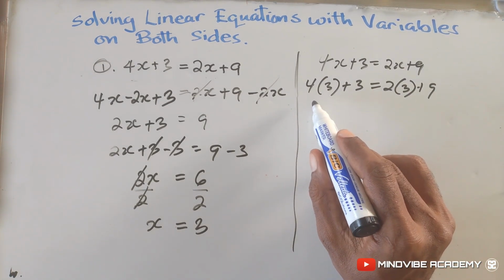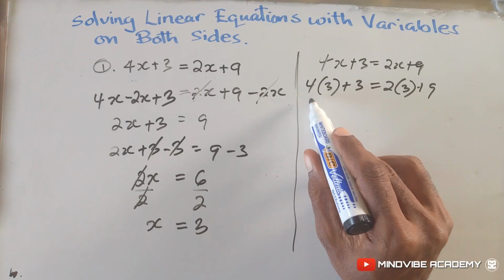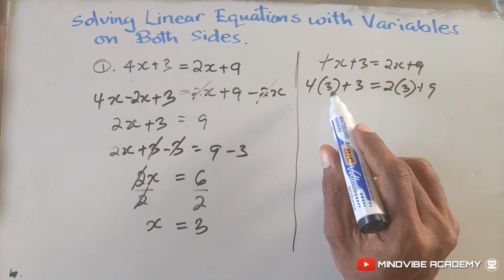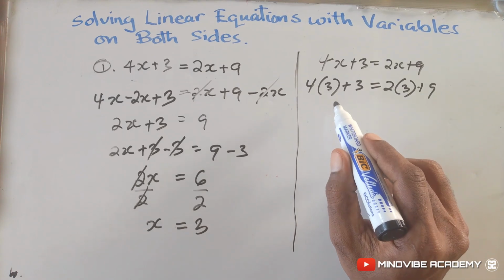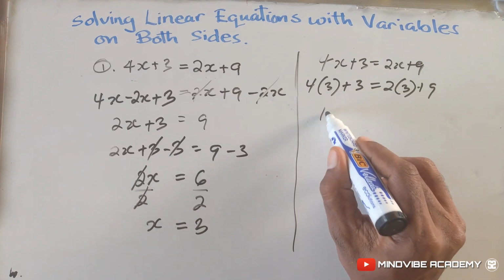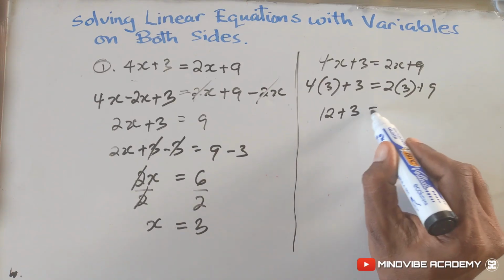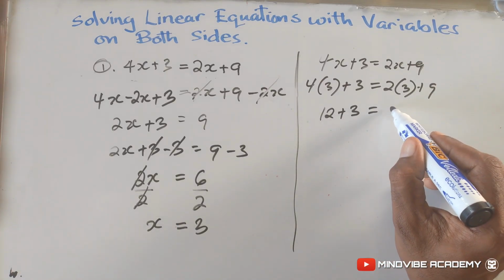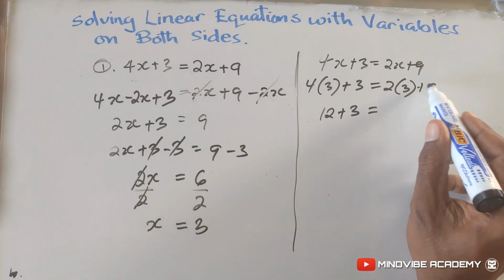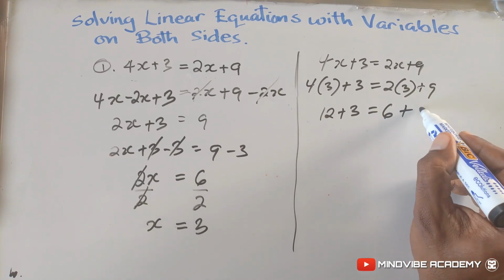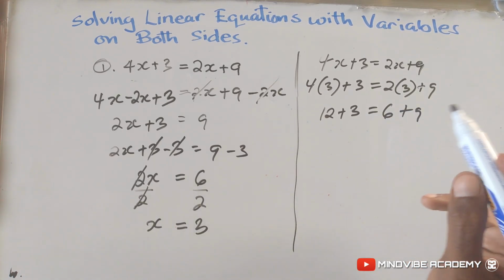So we have 4 multiplied by 3 is 12 plus 3, and we have 6 plus 9.